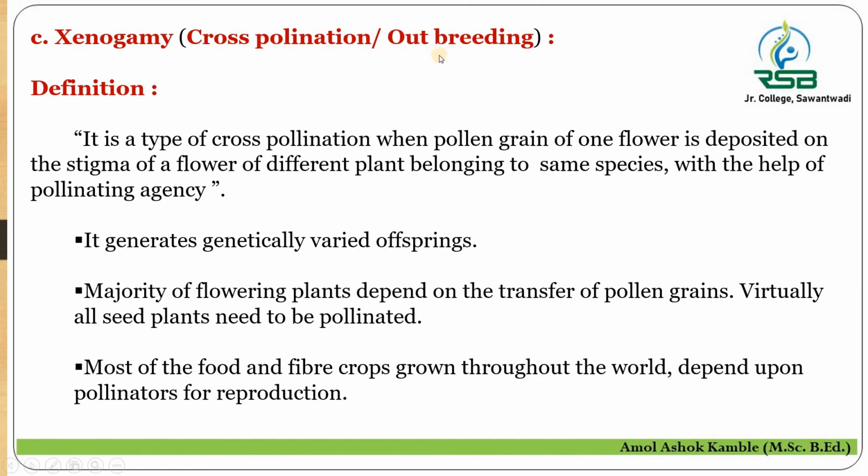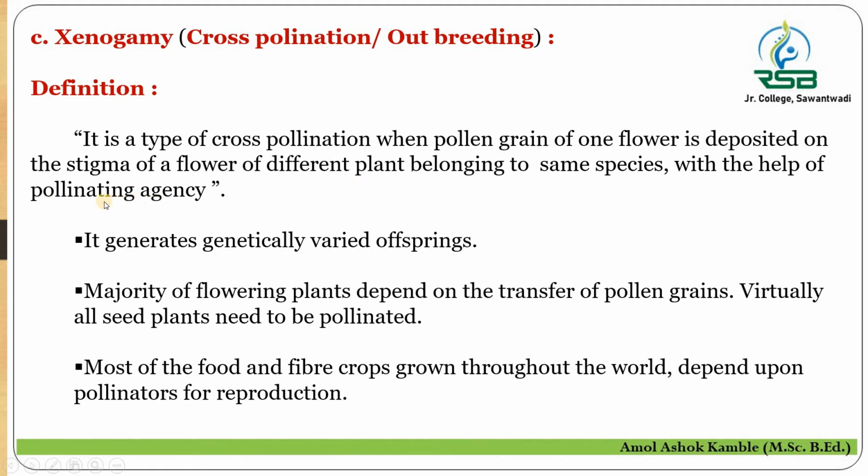Here, xenogamy is the type of cross pollination where the pollen grains of one flower are deposited on the stigma of a flower of a different plant belonging to the same species by the help of pollinating agents.